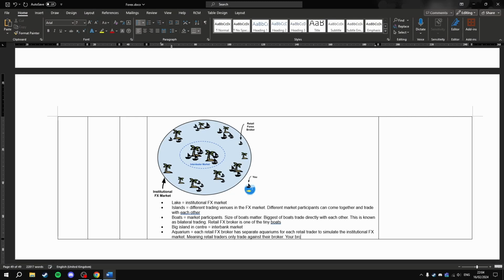Your broker is your counterparty, as you're only trading against them.